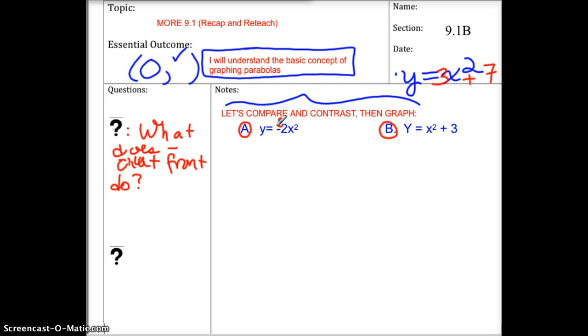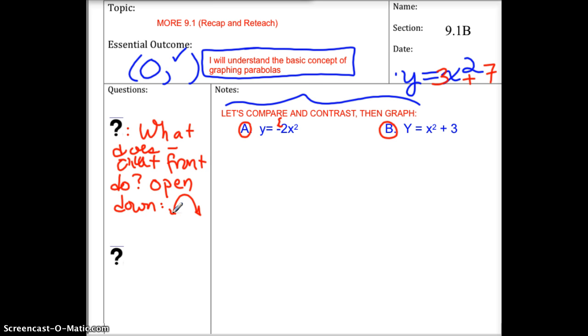And the answer is, because the y's will be the opposite, and y is the up and down motion of the graph, what's going to happen is it ends up flipping it over and makes it open down. So it makes it open down or make a frown. So think a negative, frown, open down.